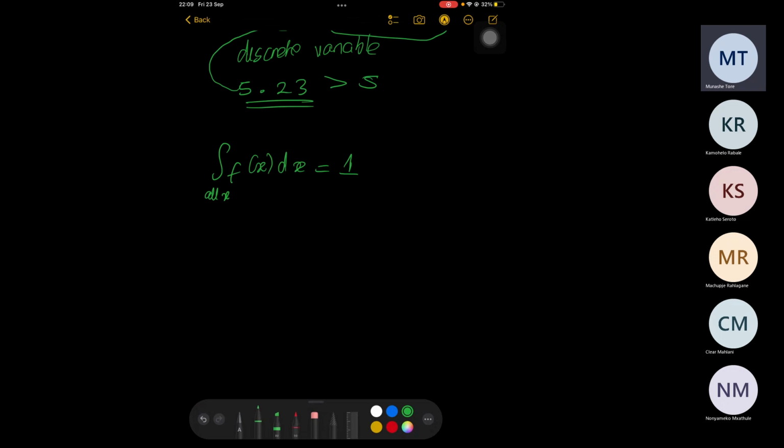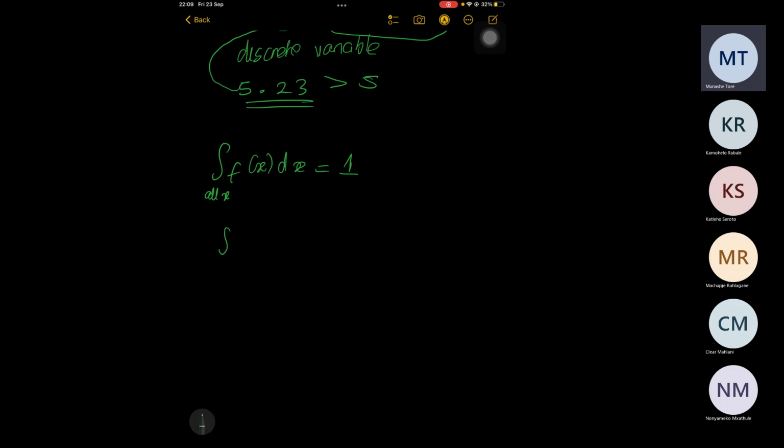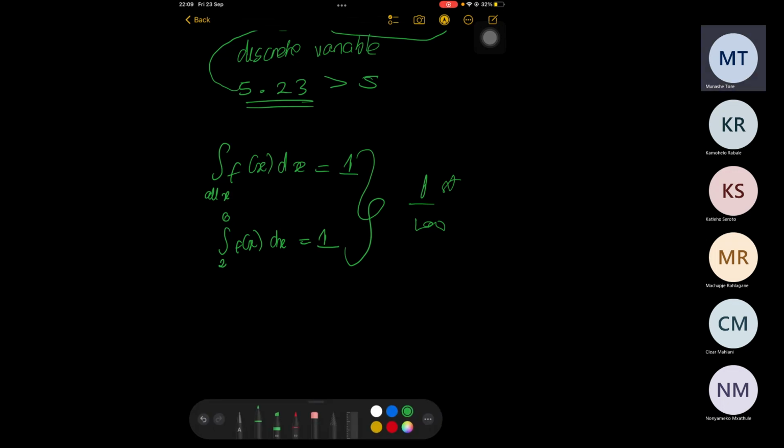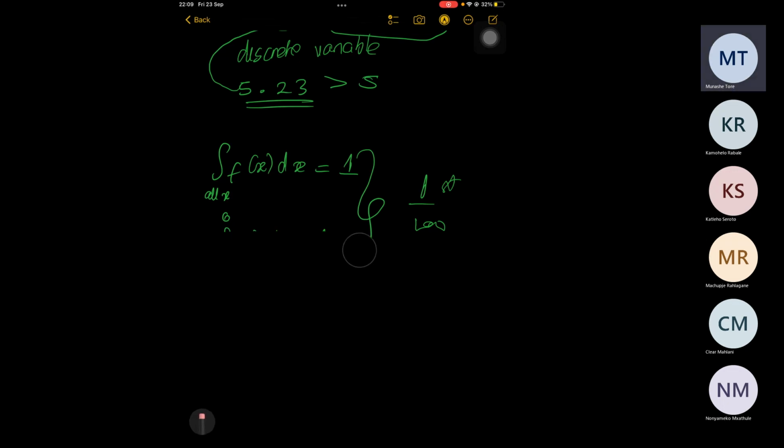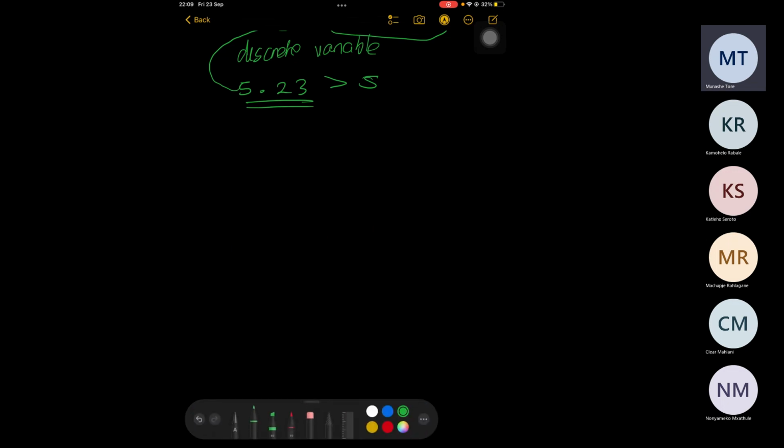By all values of x, we know the values that x can take are from 2, and the maximum is 6, of the function of x with respect to x is equal to 1. This is our first law when it comes to random variables. I'm just explaining this though I feel like in this example it's not gonna work.